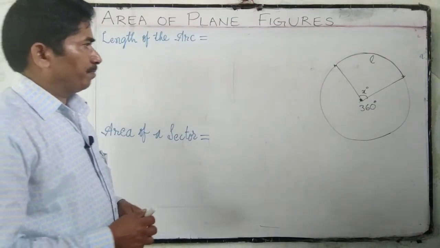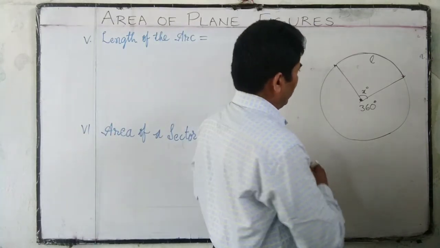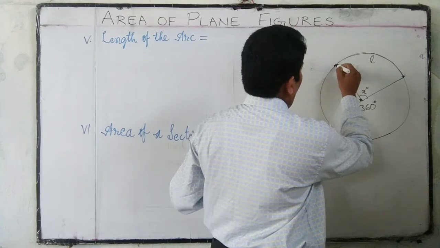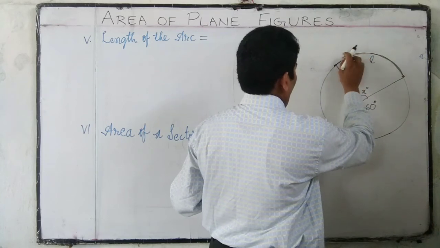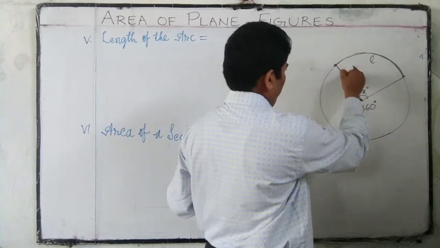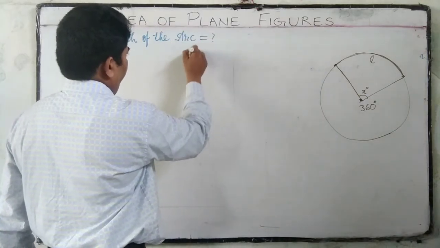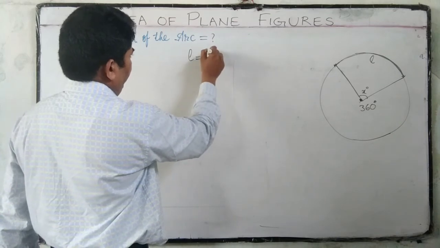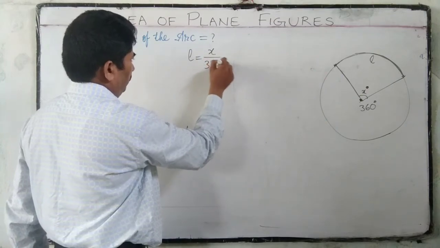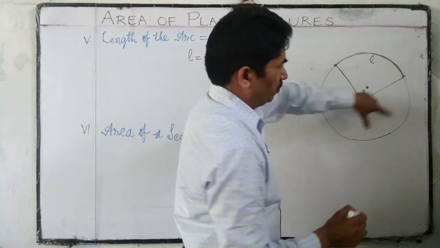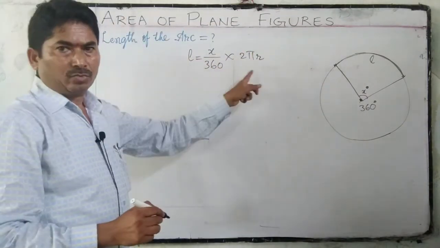Length of the arc. To understand this length of the arc, let us observe this figure. In this, this is the length of the arc. To find the length of the arc, L is equal to x by 360 into 2 pi r, where x is in degrees.